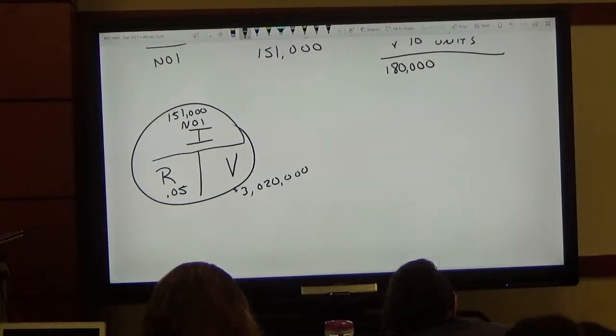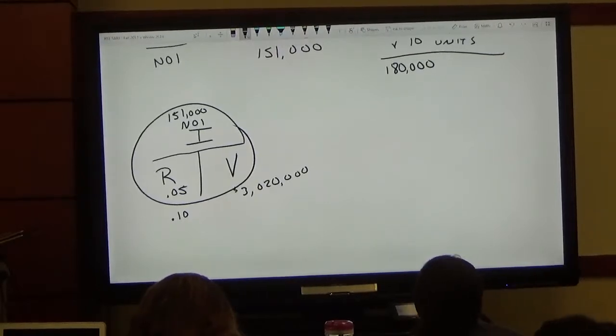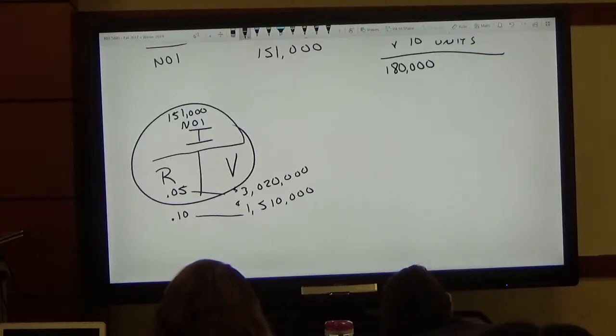Now, if investors within this market view this as more risky than that 5% cap rate, that value number is going to go down. For example, if we were to require a 10% cap rate to attract capital to this property, that value would drop pretty much by half to $1,510,000, just because of the perception of risk associated with that particular property type.